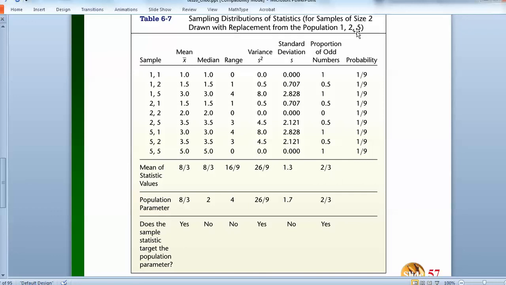Okay, if you were to actually go back to your original data set, and that's why we chose something so small, we can simply add 1 plus 2 plus 5, which is 8, and divide by 3, because that's how you find the mean. That would be the population parameter. A parameter is that characteristic of the population, right? So it's that quantitative value that describes some characteristic of the population. That would be 8/3, which is exactly what you got when you did the mean of all of these numbers, right?